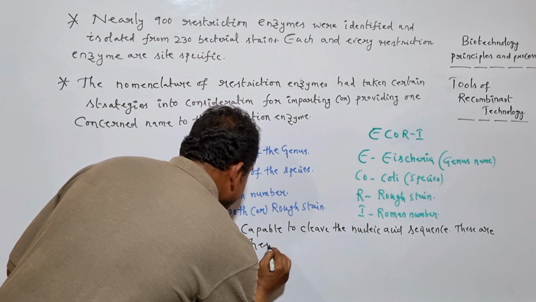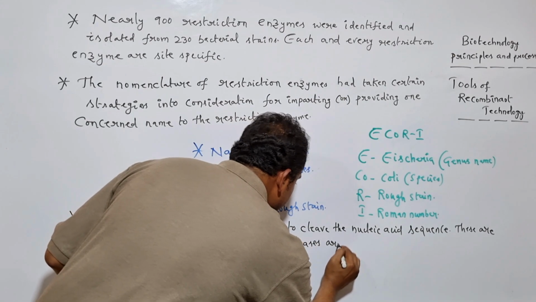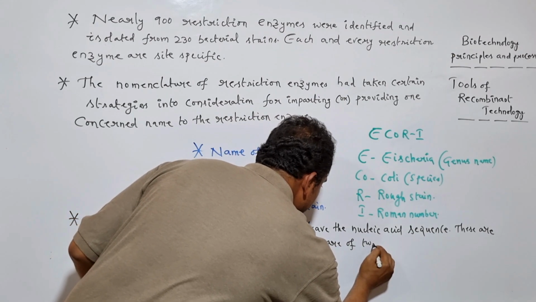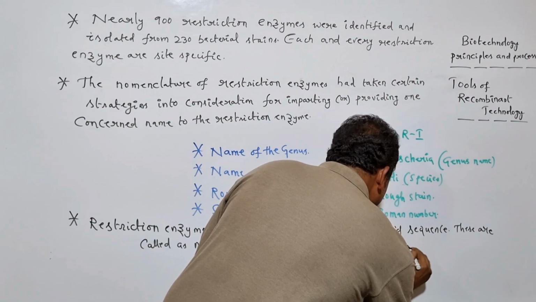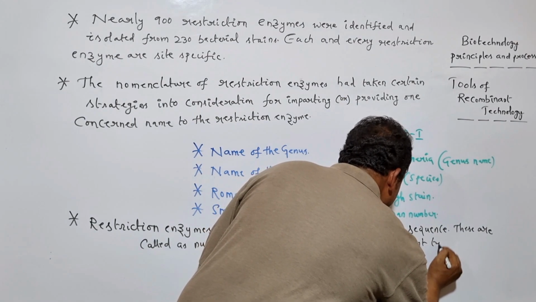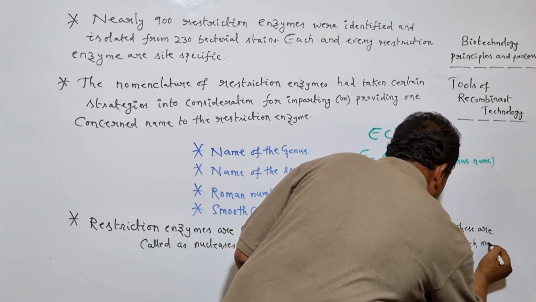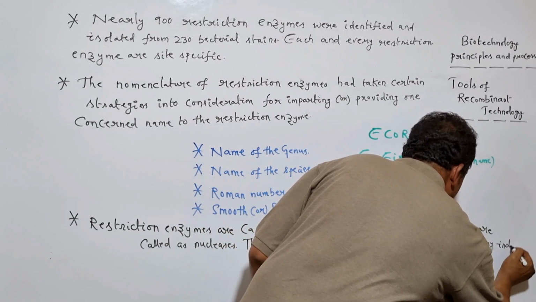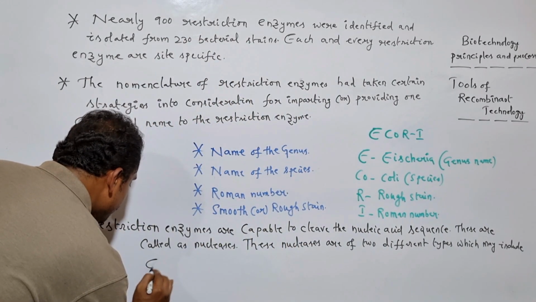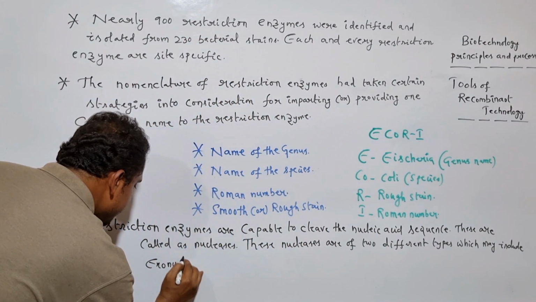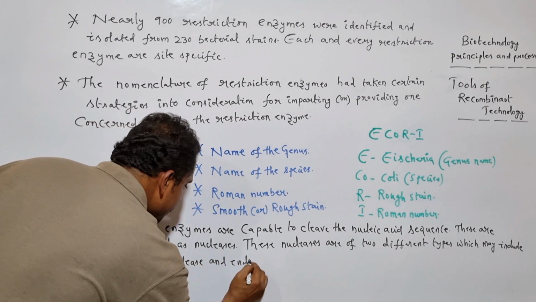These nucleases are of two different types, which may include exonuclease and the other one is endonuclease.